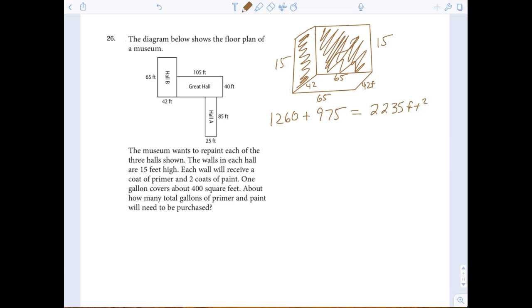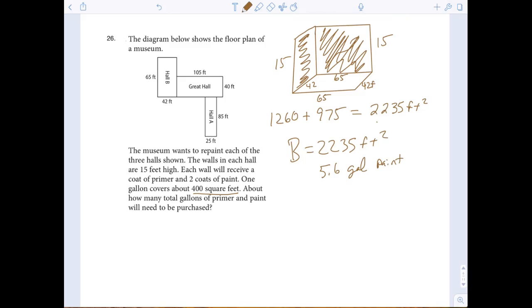So we're just going to do hall B for now. Now it says the museum wants to repaint each of the 3 halls. Each will receive a coat of primer and 2 coats of paint. 1 gallon covers 400 square feet. So hall B is equal to 2,235 square feet, right? How many gallons of paint am I going to need for just hall B? About 5.6 gallons of paint.